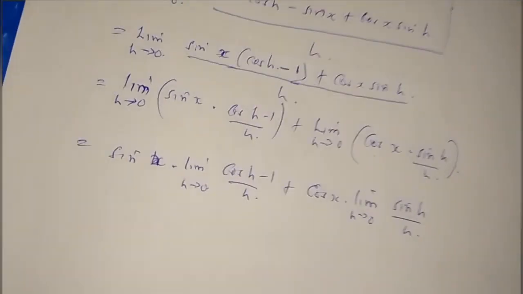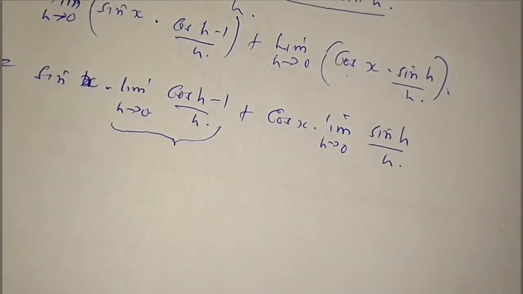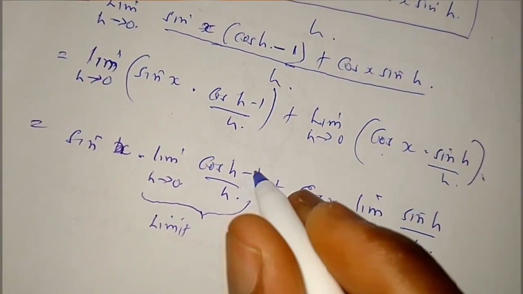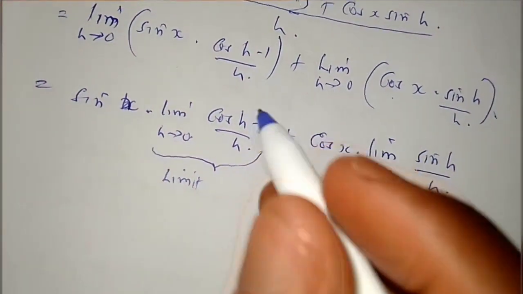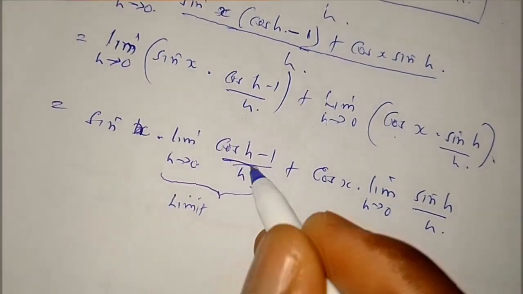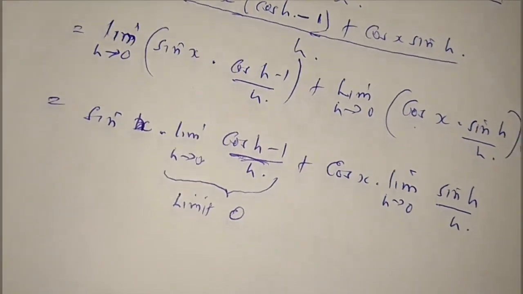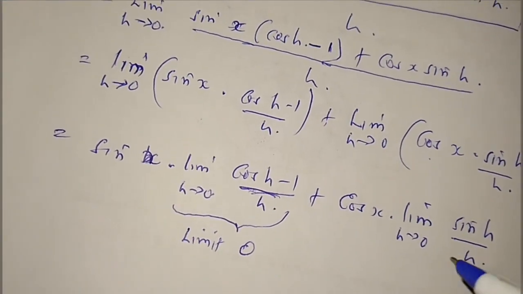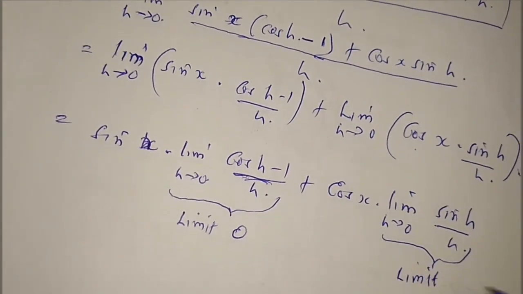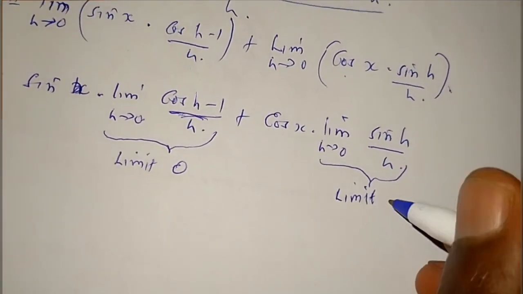Okay, so the limit of cos h minus 1 over h as h tends to 0 is 0. Then the limit of sine h over h as h tends to 0 is equal to 1.